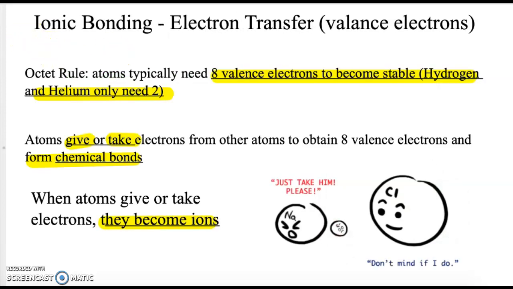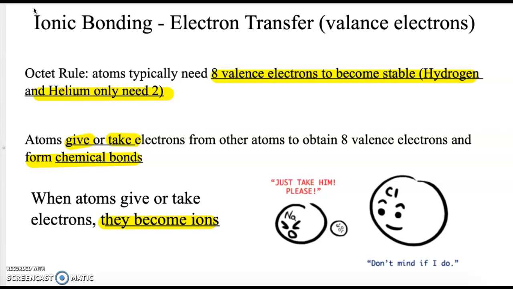So first of all, there is something called the octet rule, which we've kind of talked about before, and it's when atoms really want to have 8 valence electrons on their outer orbit or shell to become stable. Now there's an exception. Hydrogen and helium are an exception, and they only need 2 total.